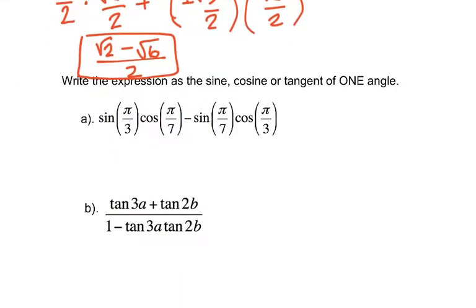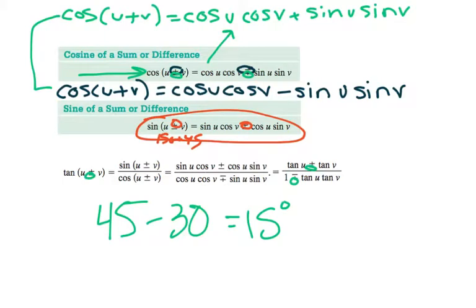then we move on to our next one, and they want us to basically identify which is it, sine, cosine, or tangent that's being an addition or subtraction of angles. So taking a look at this, we've got sine of something, cosine, sine, and cosine. So looking at our formulas, definitely can't be tangent.